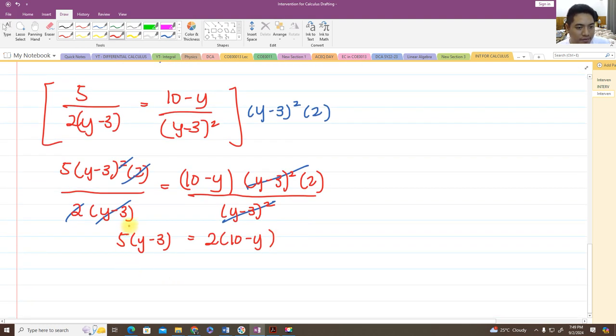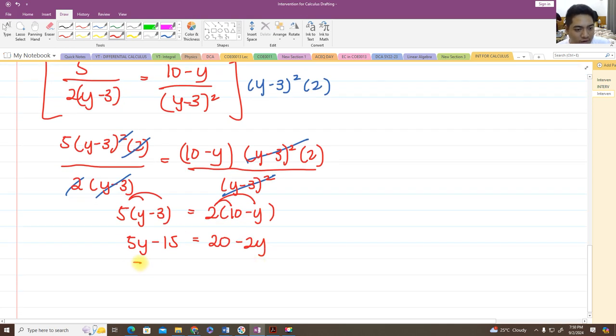Then you try to solve for y. You have 5y minus 15 equals, distributing, 2 times 10 would be 20, and 2 times negative y would be negative 2y. Combining like terms, you have 5y plus 2y equals 20 plus 15.